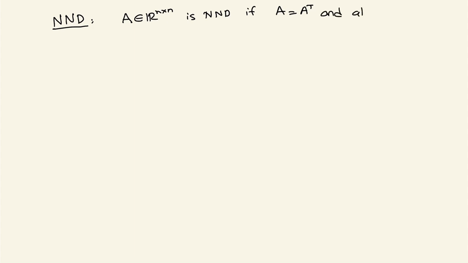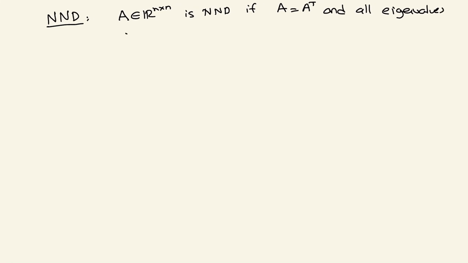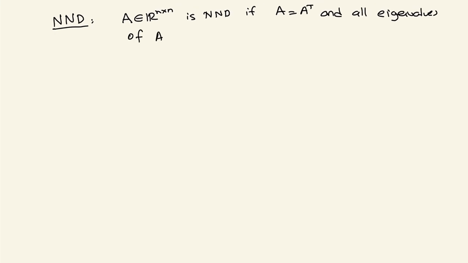and all eigenvalues of A are greater than or equal to 0. If this is the case, we show A as in R plus, including the origin, it can include 0, n by n, and of course some authors also show it like this.